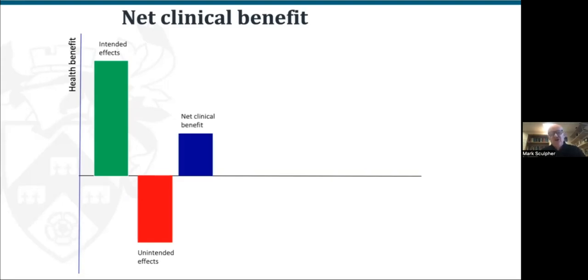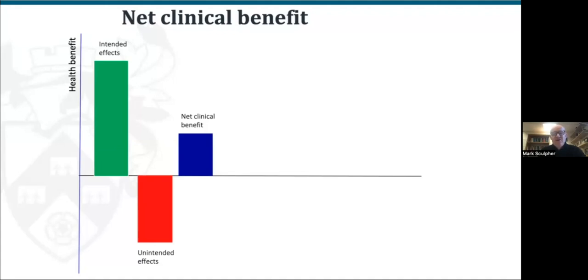And there is always a judgment call about whether the net clinical benefit is positive or negative, and clinical choices about identifying the right treatment for the patient presenting is very often about making sure that the expected net clinical benefit, that is the average effect for a given patient, based on their characteristics and based on knowledge of the treatment, are positive.